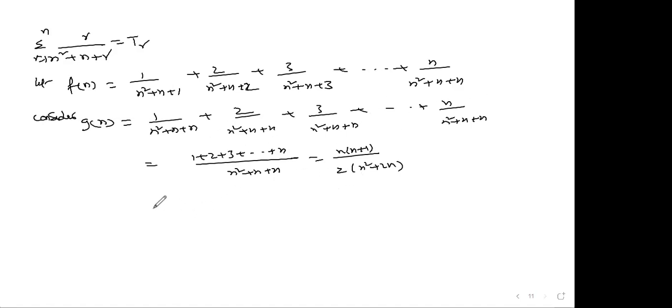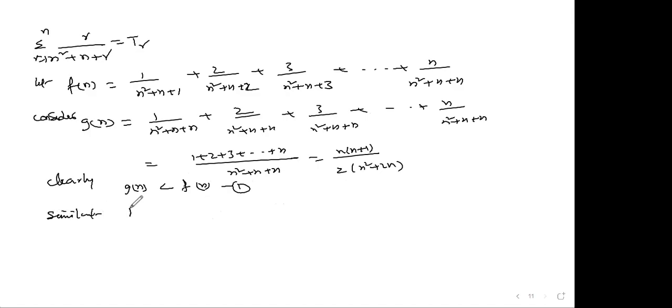So clearly, it is very clear that g of n is definitely less than f of n. This is the idea which you are supposed to get here. And similarly, in the same fashion, I want to take one more; you see what I'm doing here.